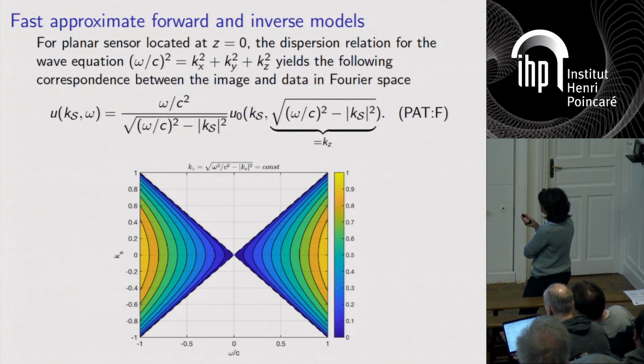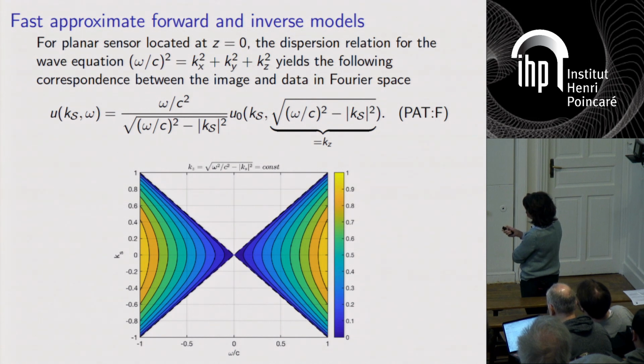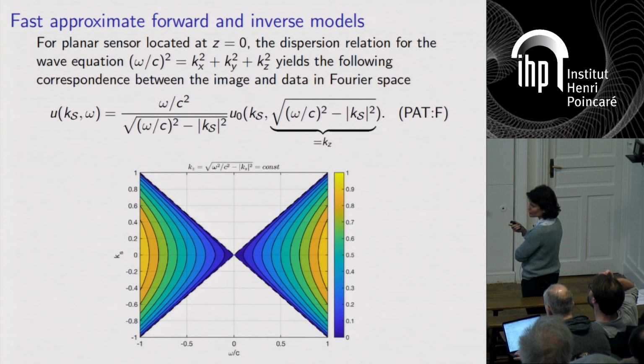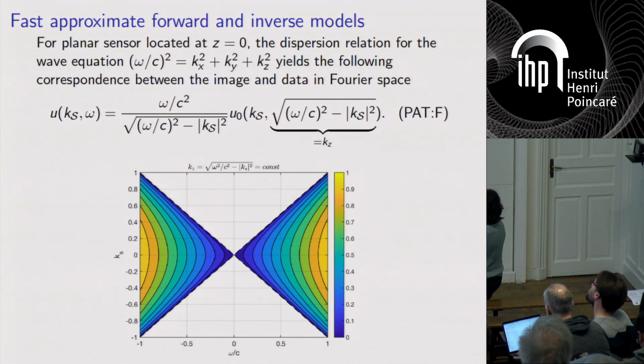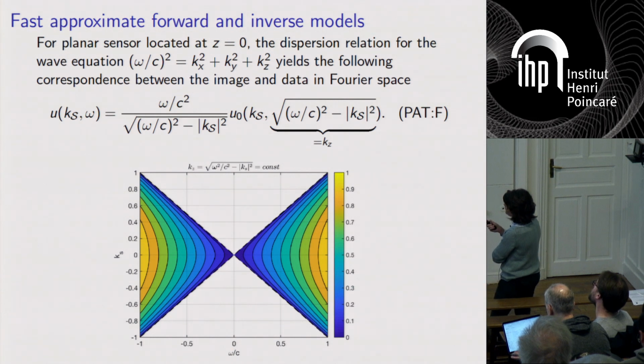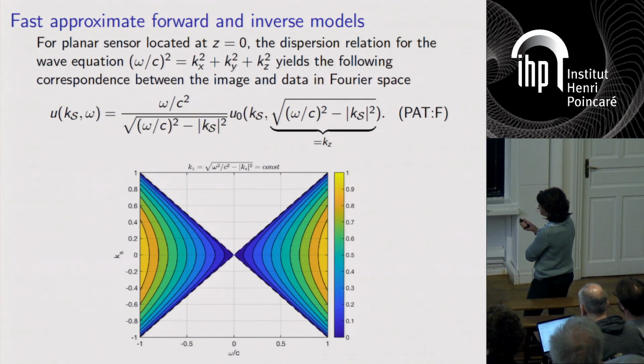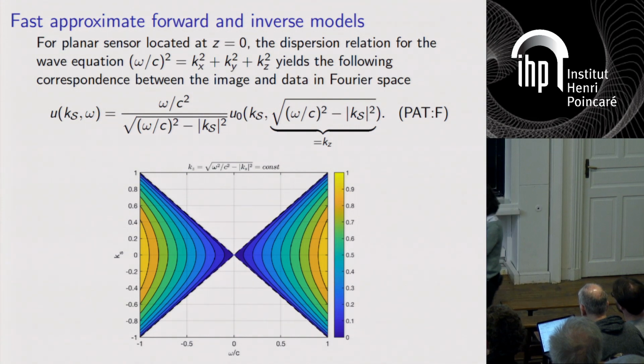Basically, this colorful region corresponds to the range of the photoacoustic operator, and in this range, the contours that you have are basically a hyperbolic transformation. This corresponds to constant frequencies in the image in the z direction.